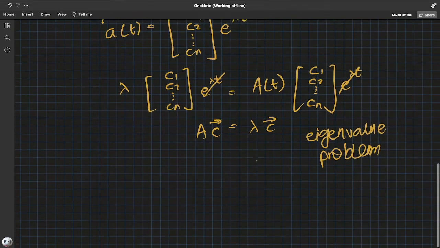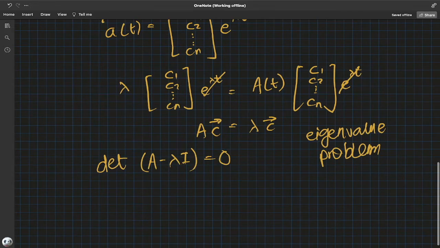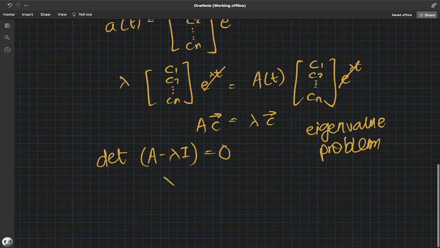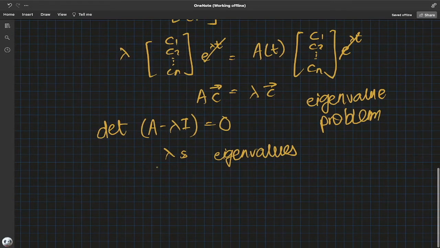The best thing about these problems is that you know how to solve them. It's sort of been over-solved, over-talked about everywhere. So you set the determinant of this equation to 0, and you find the bunch of lambdas out. So those are your eigenvalues. Once you have the eigenvalues, you can find the eigenvectors.